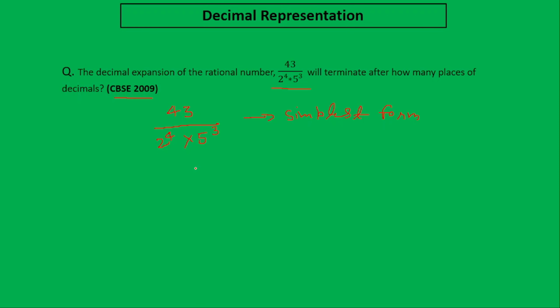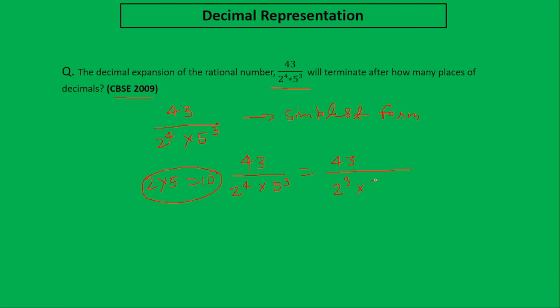We can see that 43 is a prime number. For every 10 in the denominator we can say 1 place after decimal. For every 100, 2 places after decimal, like that.